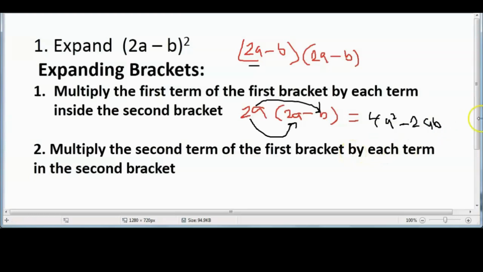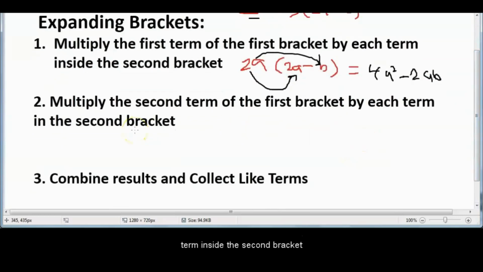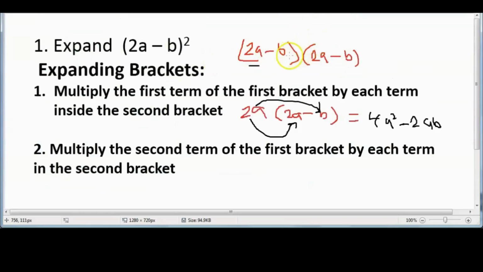Next, we multiply the second term of the first bracket by each term inside the second bracket. The second term of the first bracket is −b.